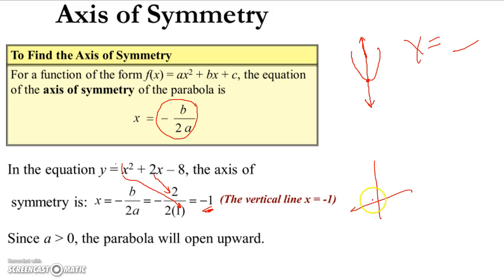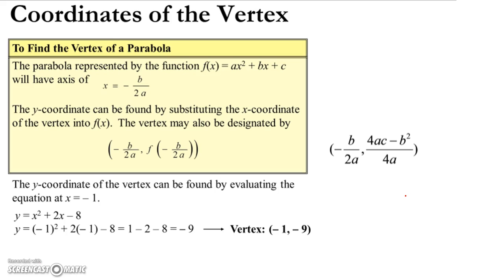So on this graph, 1, 2, 3, your vertical axis of symmetry would be this line here. Your parabola would be opening upwards, something like that. Okay, so far so good. Axis of symmetry, minus b over 2a.